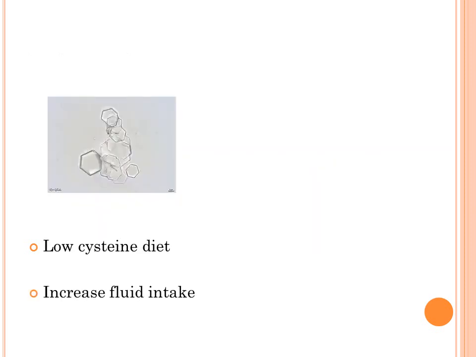So this is a microscopic picture of a cystine stone which is seen in a patient of cystinuria. The patient has to be managed by a low cysteine diet and increased fluid intake, because in all types of renal stones, increasing the fluid intake may help by flushing out the excess of substance in the body. So cystinuria is one disorder related to cysteine metabolism.